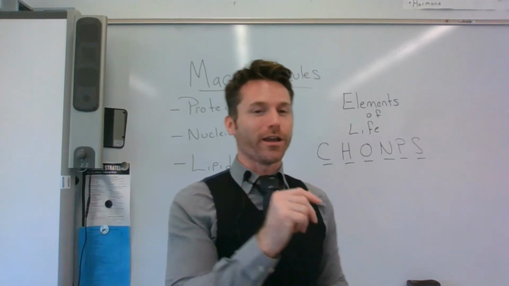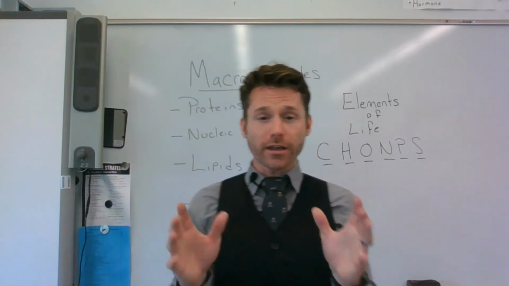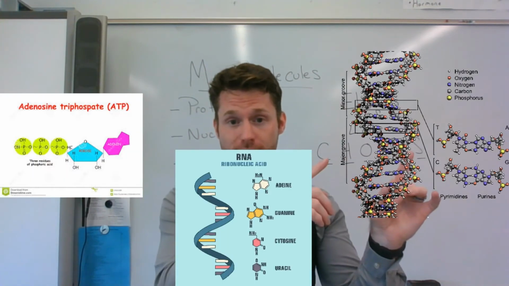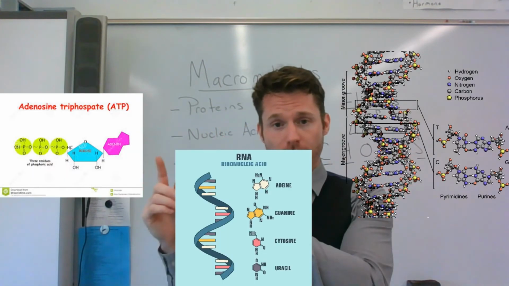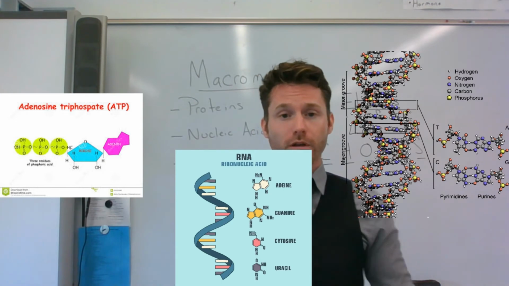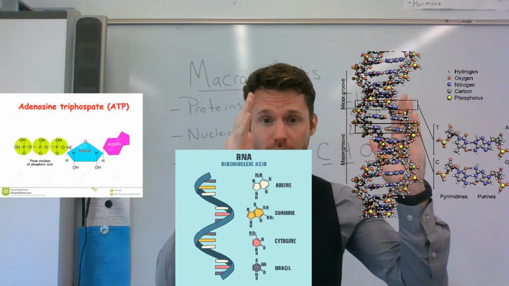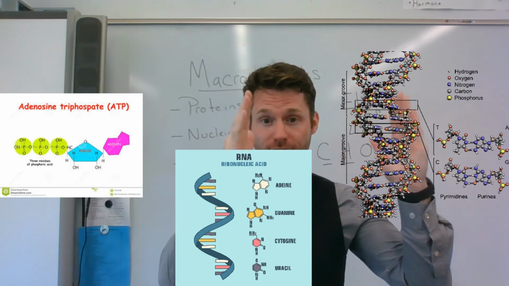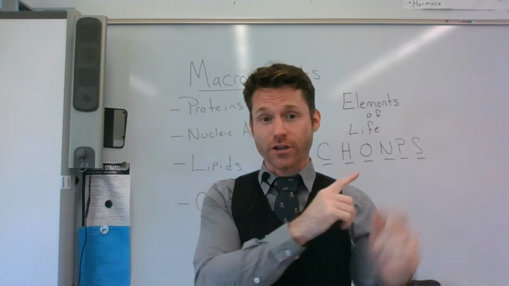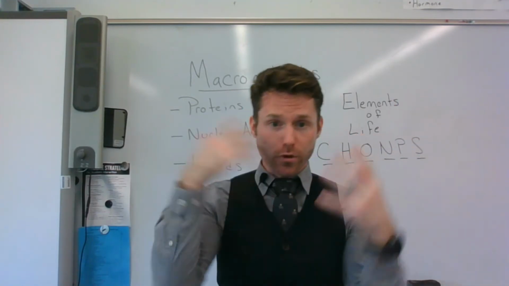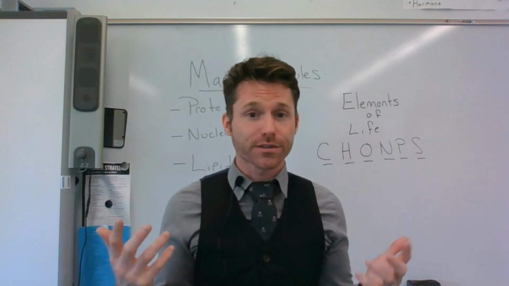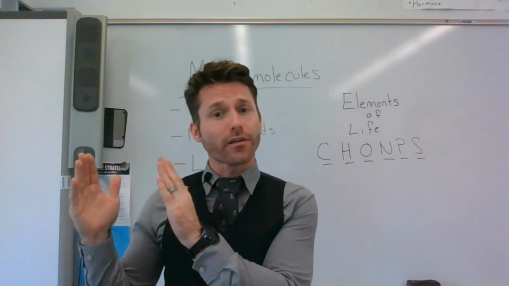So, nucleic acids. Nucleic acids are DNA, RNA, and ATP. DNA and RNA are very similar molecules. They form our genetic code. They actually carry the information that programs us. ATP is slightly different.